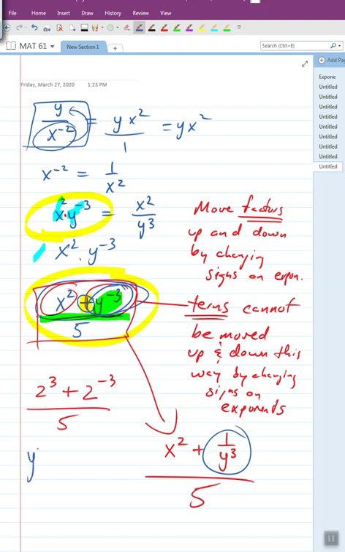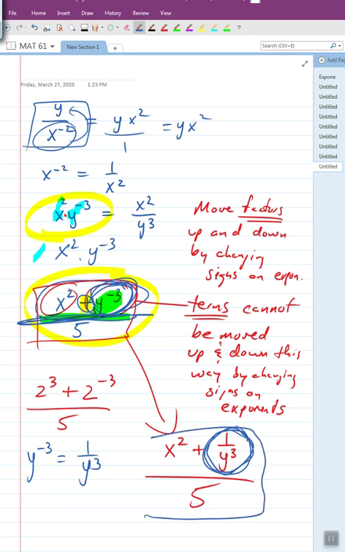I know y to the negative 3 is supposed to mean 1 over y cubed, then even though I can't move this y to the negative 3 to the bottom of the big fraction, I can at least rewrite that y to the negative 3 as something that does not involve negative exponents. So at this point, with what we know, this is the best we could do in terms of writing this original expression here in a way that does not use negative exponents.